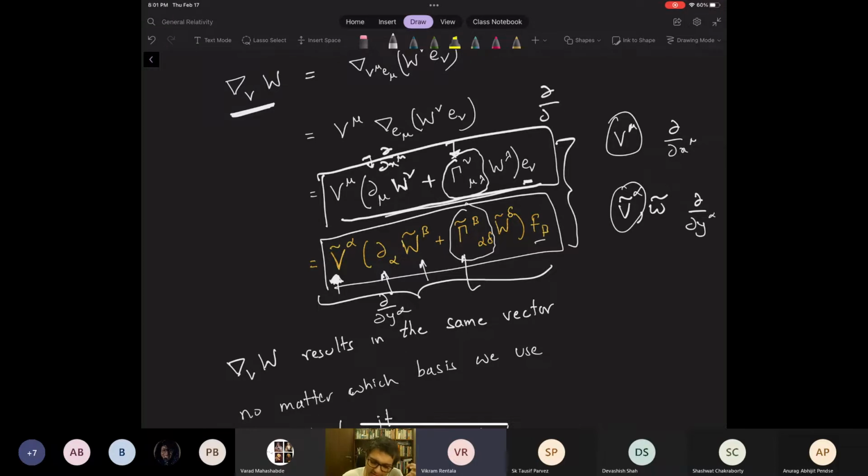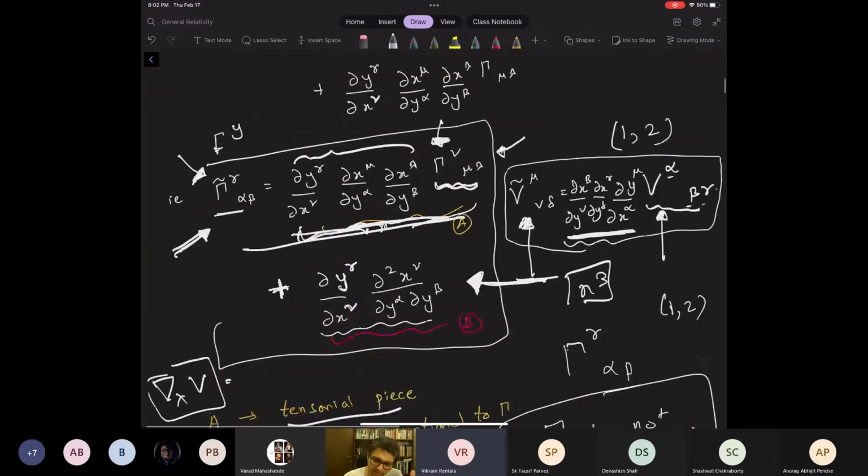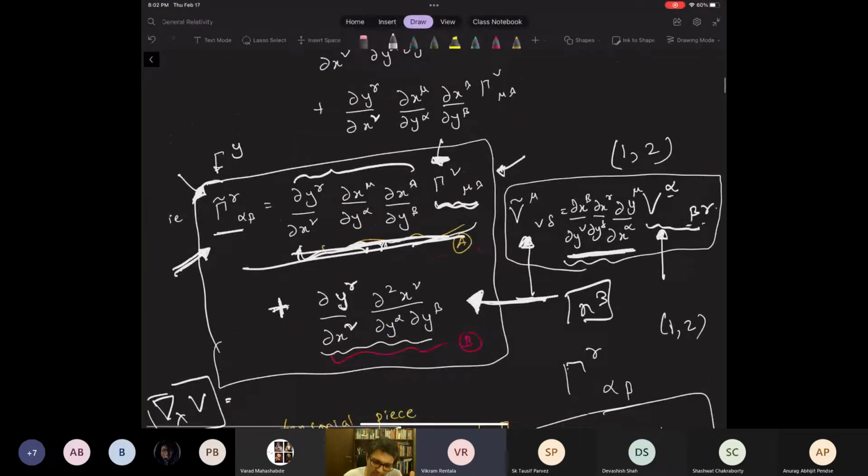One is expressed in the partial x mu basis, which is these e nus, and one is expressed in the partial y beta basis, which are these f betas. It's the same vector expressed in two different bases. They are the same provided these connection coefficients are related to each other using this non-tensorial rule. So there's a homogeneous part which is tensorial and an inhomogeneous part which is non-tensorial.